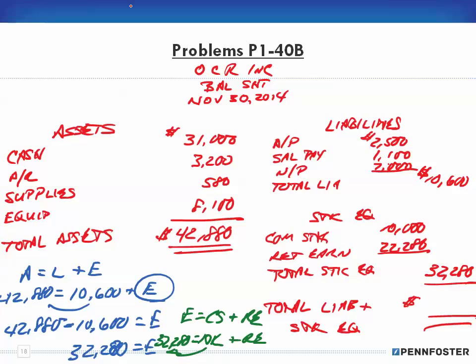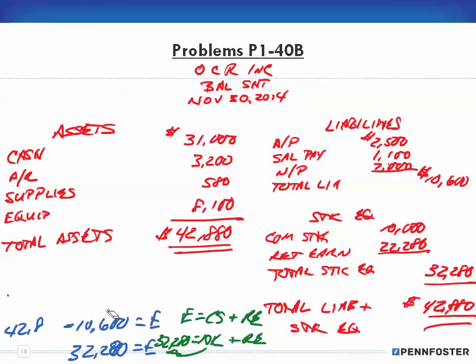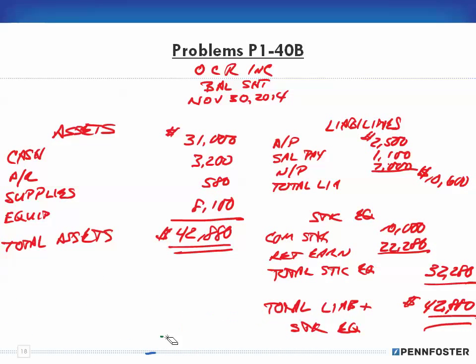Okay, and then of course the 10,600 plus the 32,280 gives me my 42,880, right? And that's what my balance sheet should look like. Okay. So that's what it should look like.